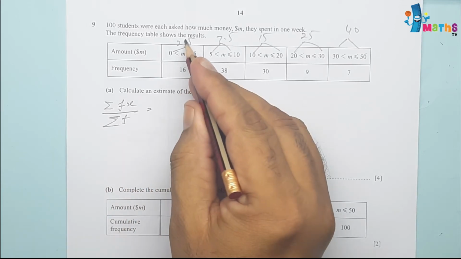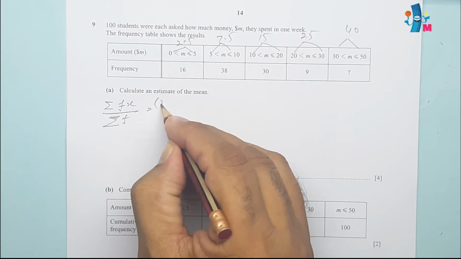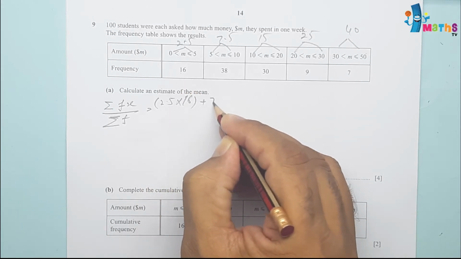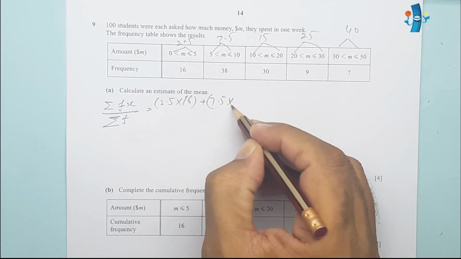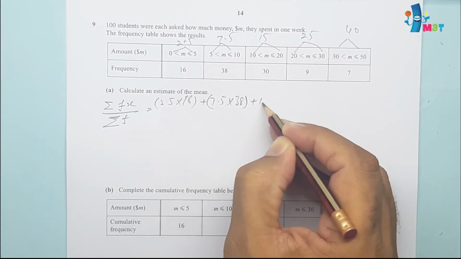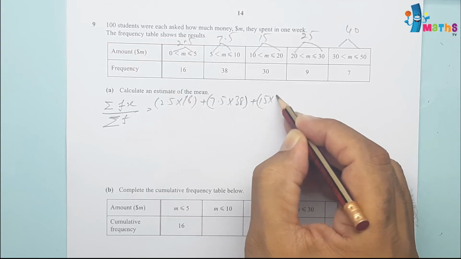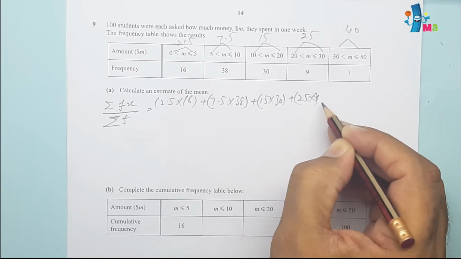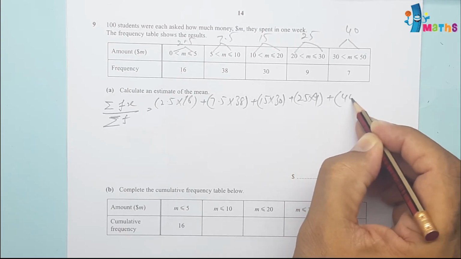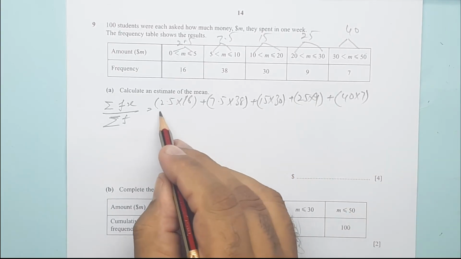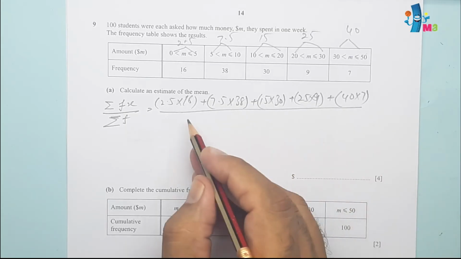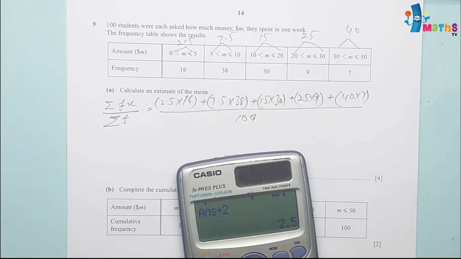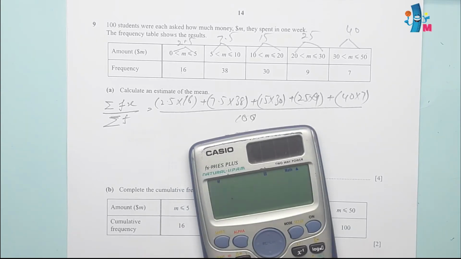So this will be 2.5 multiplied by 16, plus 7.5 multiplied by 38, plus 15 multiplied by 30, plus 25 multiplied by 9, plus 40 multiplied by 7, and the whole divided by the total number of students, which is 100. We will be checking the answer.